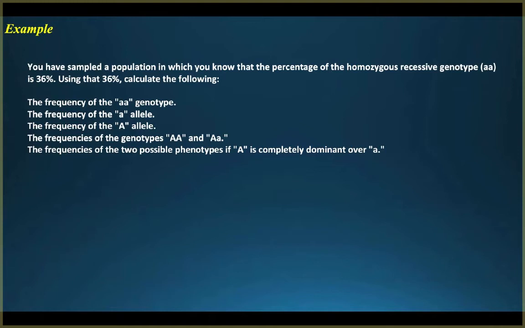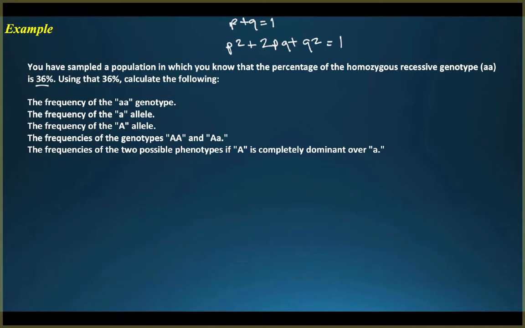So very first thing I'd do here, if you all remember, is I'd write my two equations. P plus Q equals 1, and P squared plus 2PQ plus Q squared equals 1. I write that at the beginning, so then I don't have to worry about forgetting them, right? So the frequency of the little a genotype. Well, they've already told you that it is 36%.